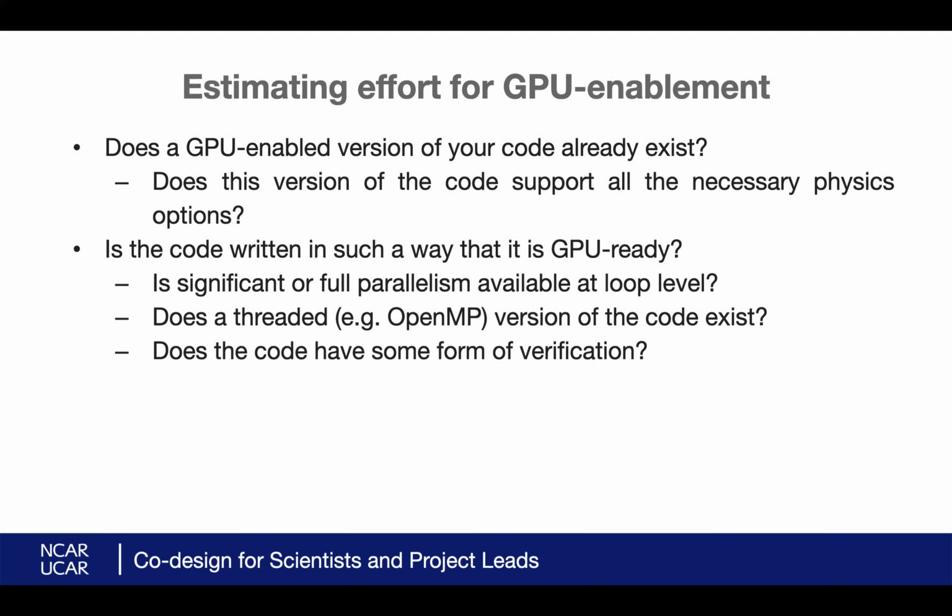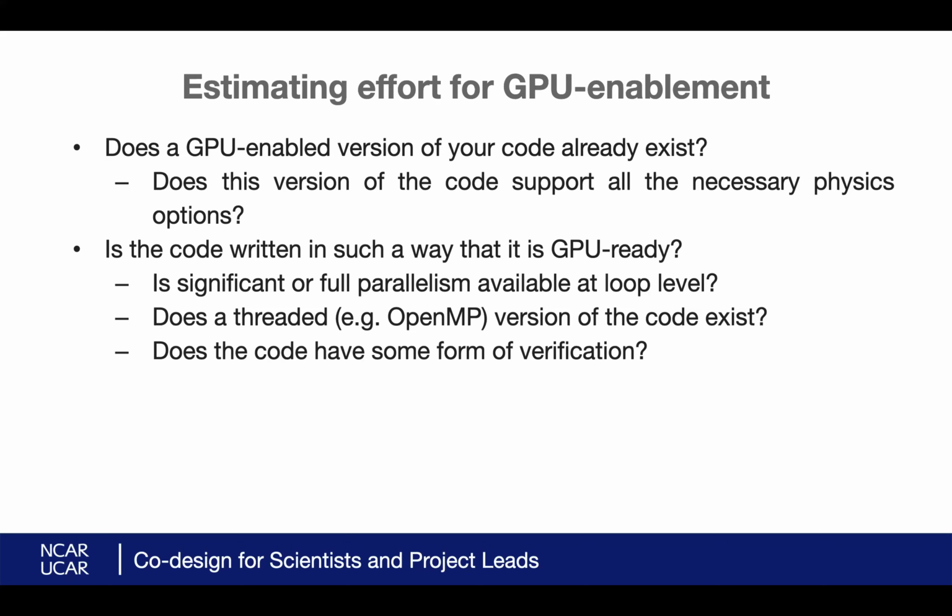The one potential challenge here is, does the version of the code support all the necessary physics options? And so that's a consideration. For example, you may want to use MPAS-A and your favorite parameterization is not GPU enabled, in which case it becomes more difficult.